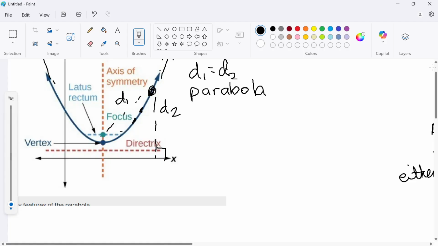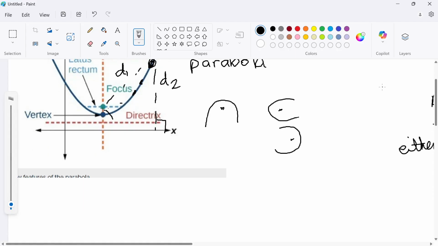The focus is inside the parabola, whichever way it opens, it's inside that opening. So if it looks like this, the focus is going to be there. If it looks like this, it's there. It's a point from which every point on the parabola is equal distance between that and what's called the directrix. Now how do I find the vertex?